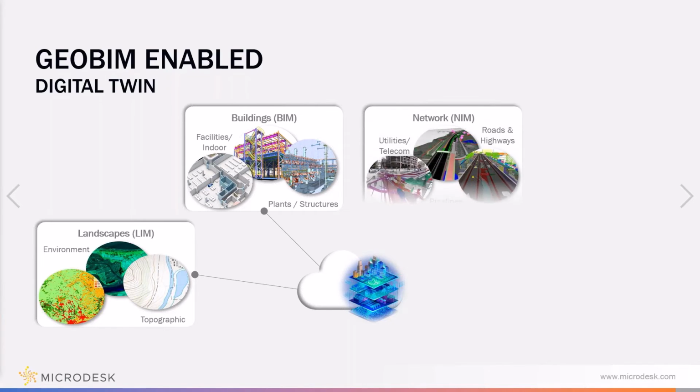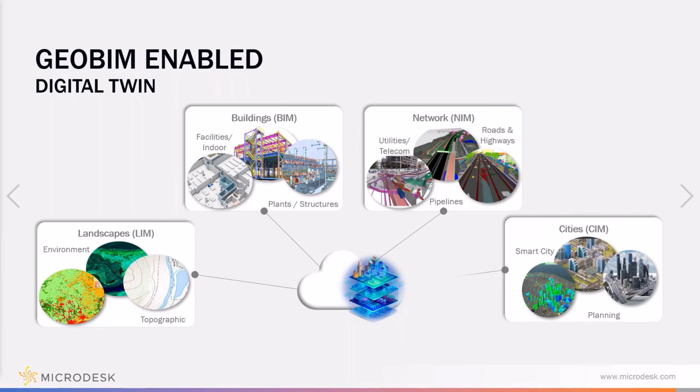The network information model manages the design and logic of networks. The city information model allows for bigger picture modeling at scale. This assists a workflow for urban planning, citizen management, engagement, and most recently, smart city and smart community initiatives.